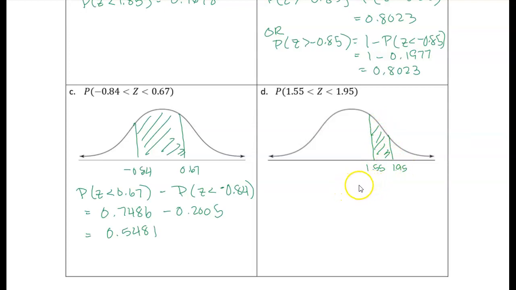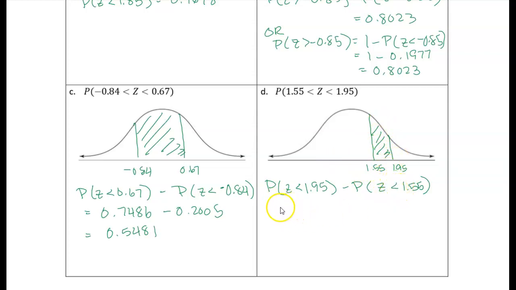Once you get the concept down, you'll realize that I just need to take the probability that z is less than 1.95 minus the probability that z is less than 1.55. But I think it helps, when you're first learning this, to visualize what you're doing. You're taking the whole area below 1.95 and subtracting off the area below 1.55, and what you're left with is the area between 1.55 and 1.95.